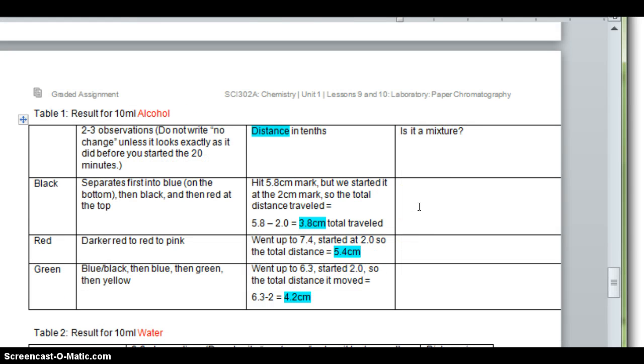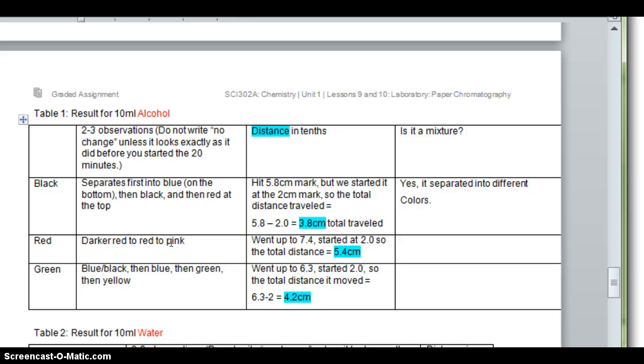So was the black one a mixture? Yes. Why? It separated into different colors. Now, red. Did it separate into different colors? We have darker red, red, pink. I would say no, because how do you get pink?